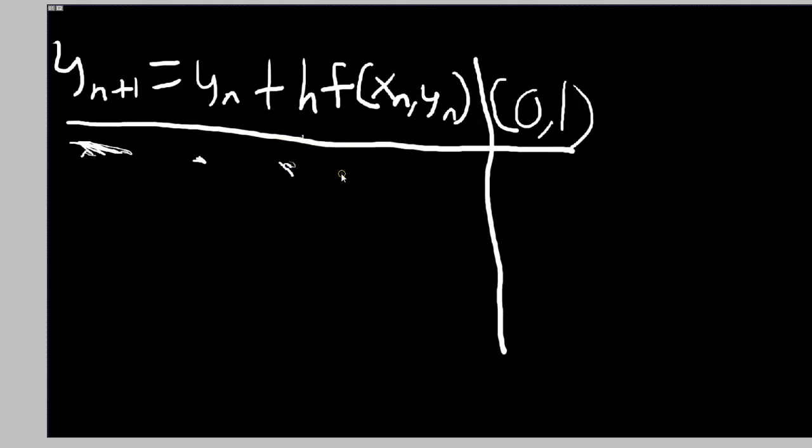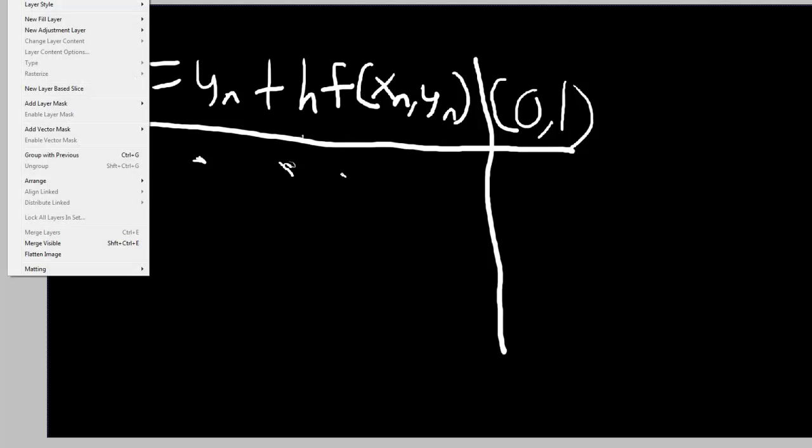And then the result when you put in the points of x sub n and y sub n into your function. And then to get that, your x value is going to be your step size, and your y value is going to be whatever this adds up to. So we'll just show an example of that.